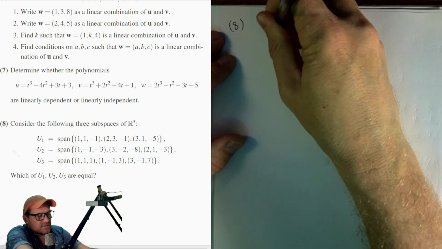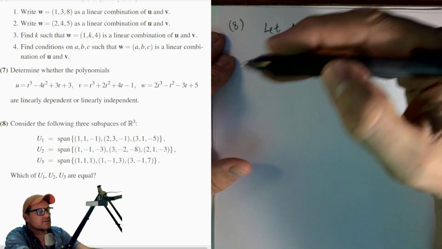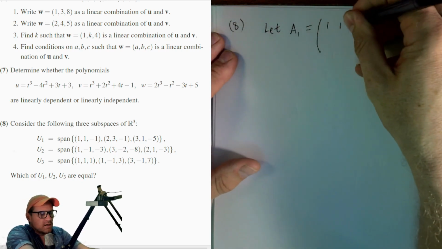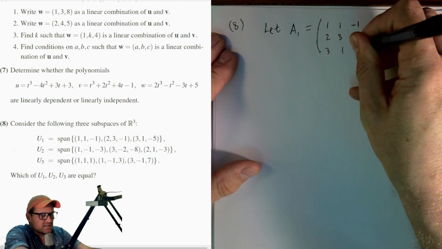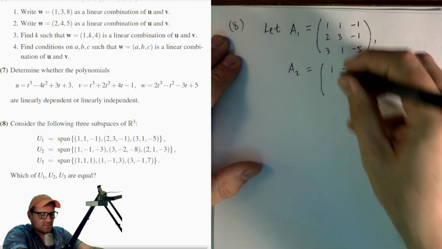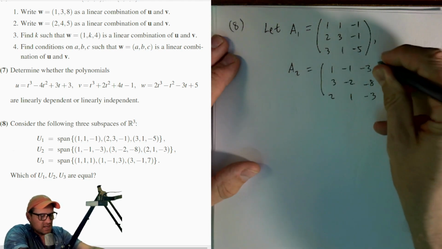So let A1 be equal to the matrix. I will just take those vectors and place them as rows of a 3 by 3 matrix. So 1, 1, minus 1, 2, 3, minus 1, 3, 1, minus 5. A2: 1, minus 1, minus 3, 3, minus 2, minus 8, 2, 1, minus 3.